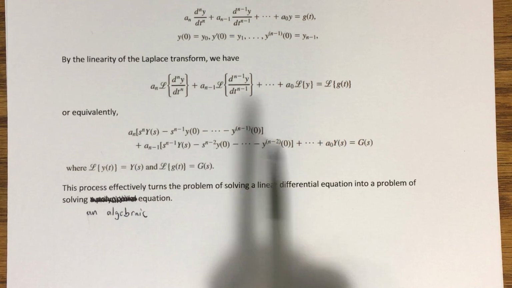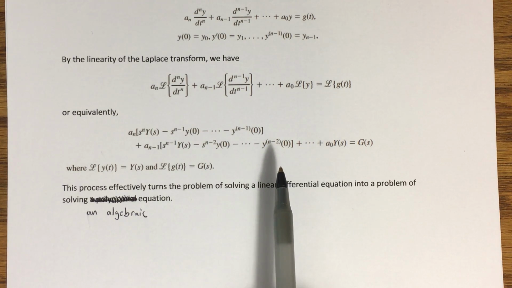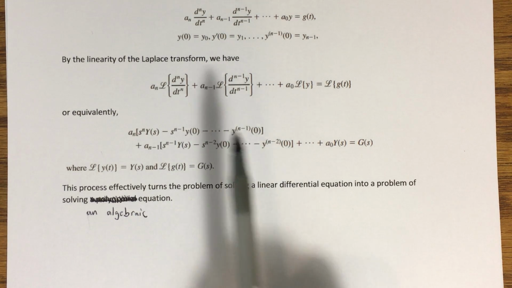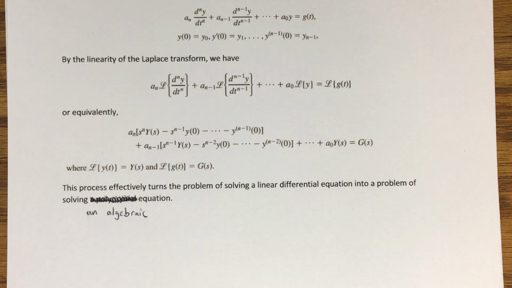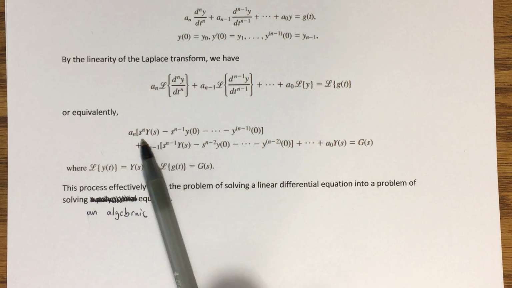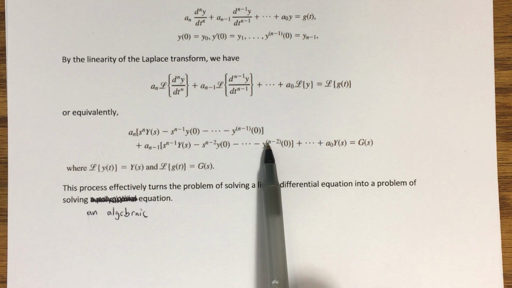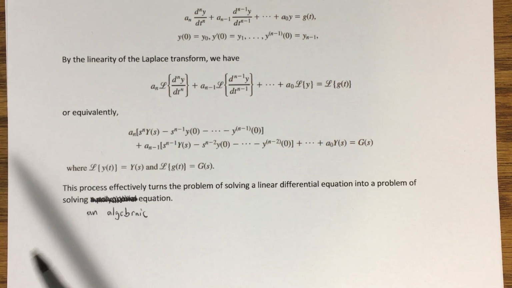So when we're using this method for finding the solution to a DE using the Laplace transform, I'm going to be using a capital Y of s to denote the Laplace transform of the function y that we're trying to find. But this kind of complicated looking expression here is the end result of taking a Laplace transform of both sides of that linear DE.